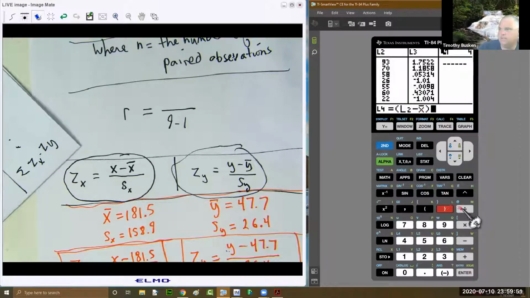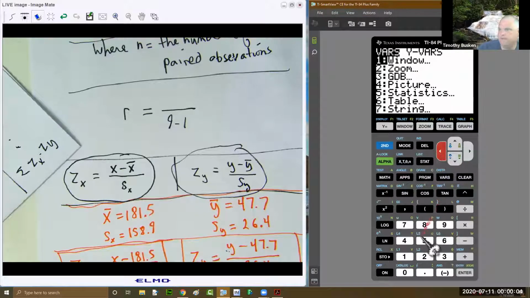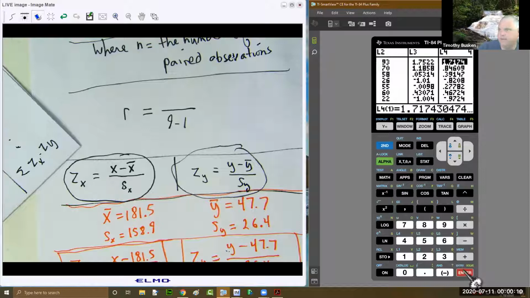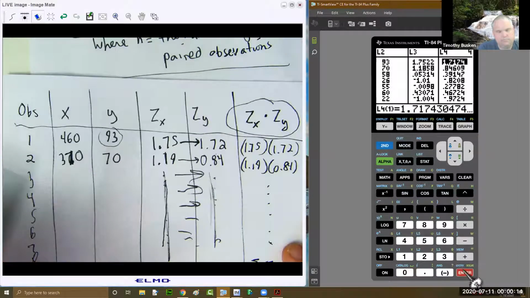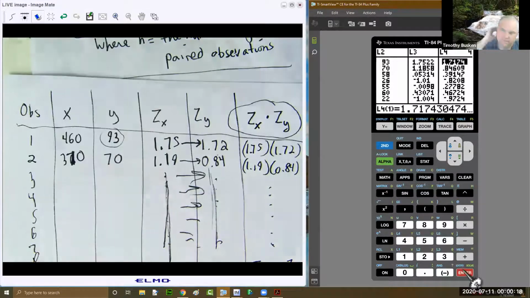I'm going to close parentheses and divide by sy, or the calculator has sx stored as sy. So call on the vars button, whoops, 5 for the statistics variables, and paste in sx there. And then when I hit enter, you can see I'm getting this entire column of z-scores for the y data in my calculator's L4.